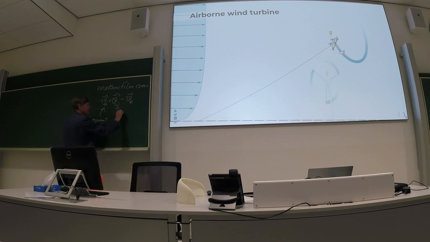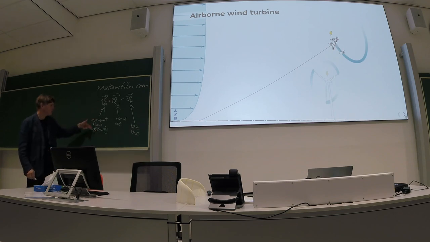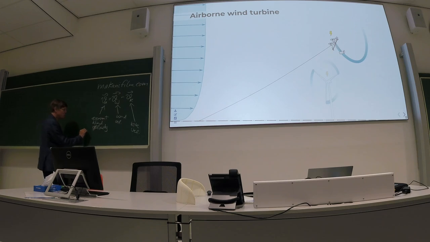This here is the wind velocity, and this one is the kite velocity. So the apparent wind velocity, which is actually synonym to relative flow velocity, the apparent wind velocity is the wind velocity minus the kite velocity.